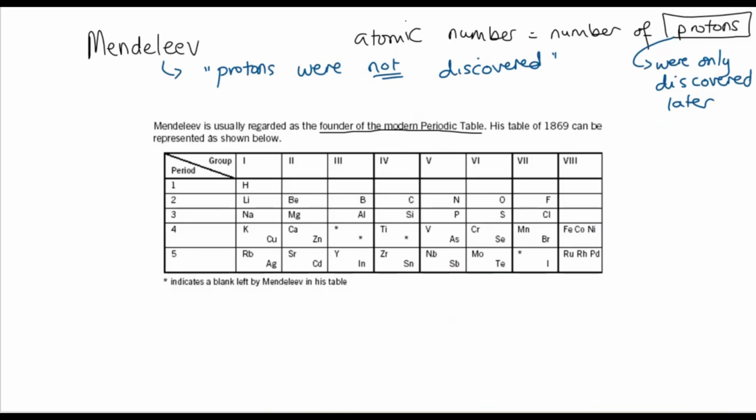So if the question ever asks, why is it not in order of atomic number? Well, atomic number is protons. They weren't even discovered at that time. Then what he did is he arranged it, therefore, in order of atomic weights.